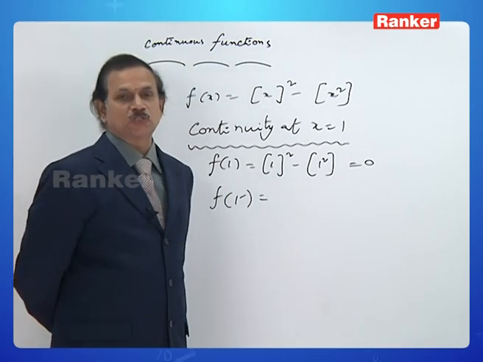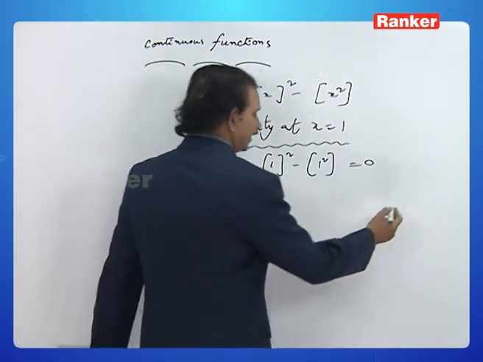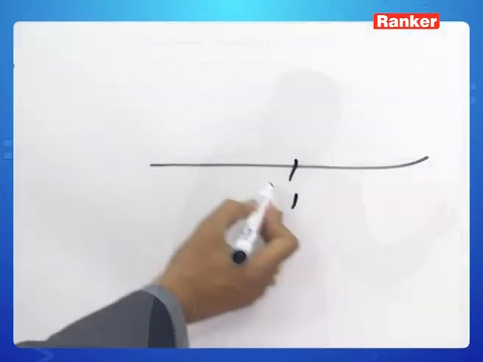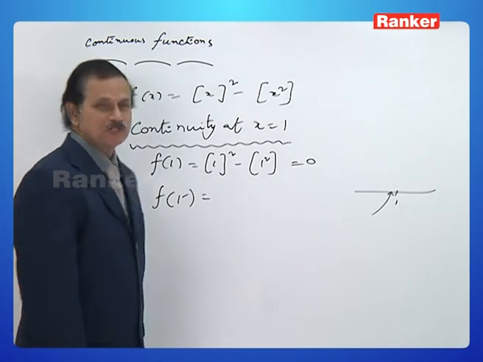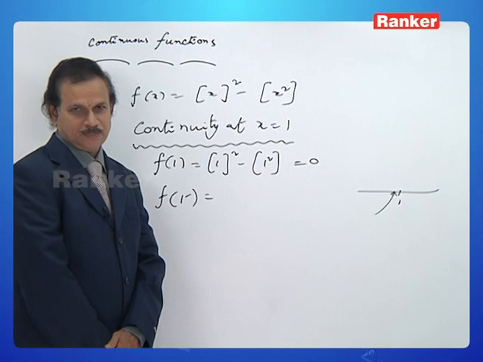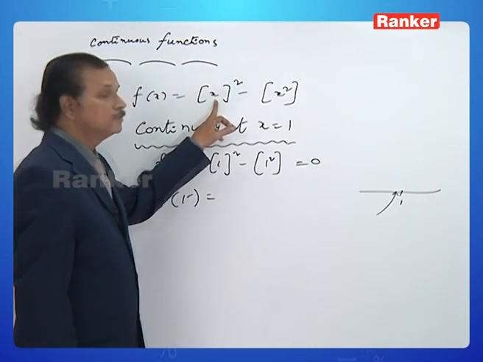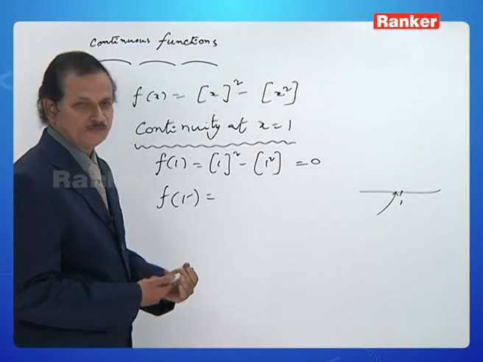That is, x is supposed to lie to the left of 1, isn't it? So x can take at most 0.9999999 and so on. Its integral part is 0. 0 square is 0.